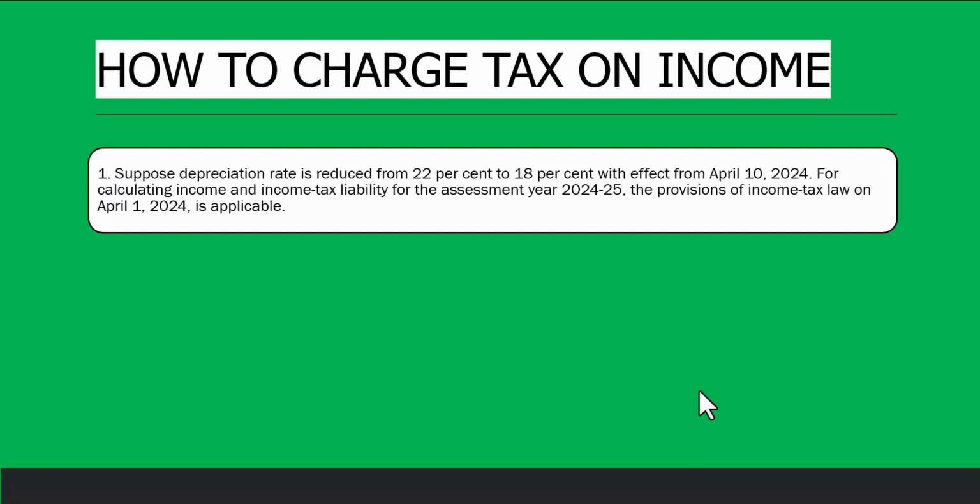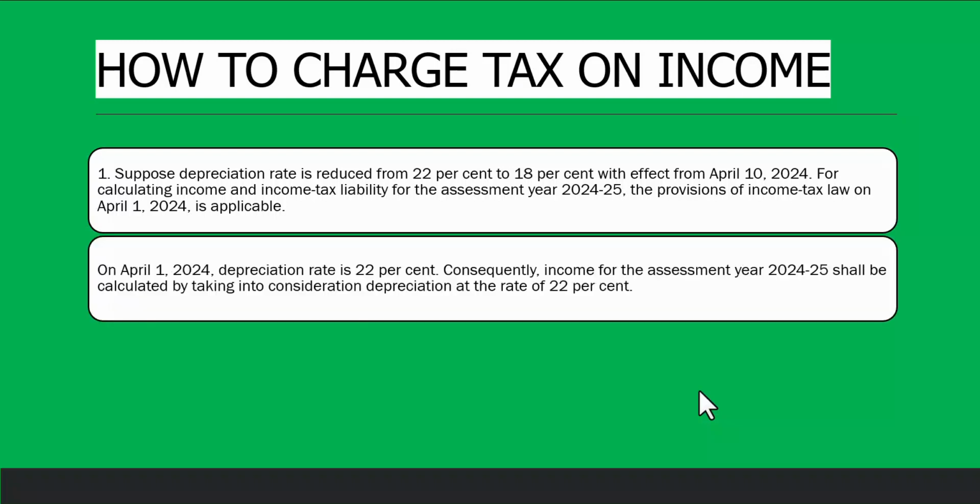Suppose there is an amendment where the depreciation rate has been reduced from 22 to 18%, which happened from 10th of April. Then it will be 22% which will be taken for calculating your tax, as on 1st April 2024. Okay, read this. On April 1, 24, depreciation rate is 22%. Consequently, income for the assessment year 24-25 shall be calculated by taking into consideration depreciation rate of 22%.